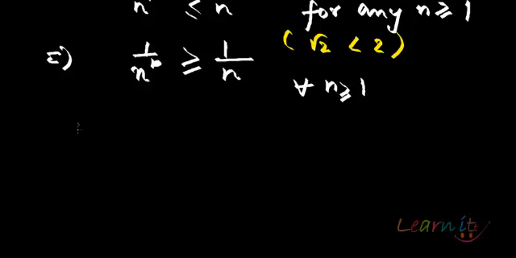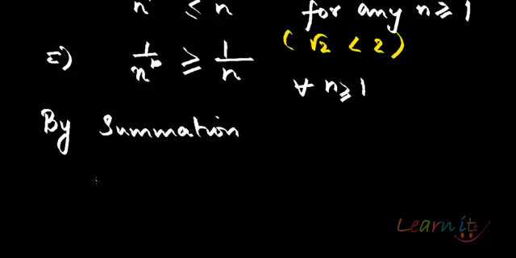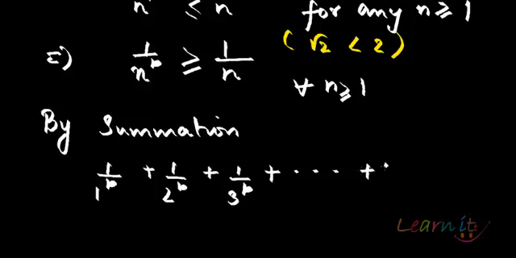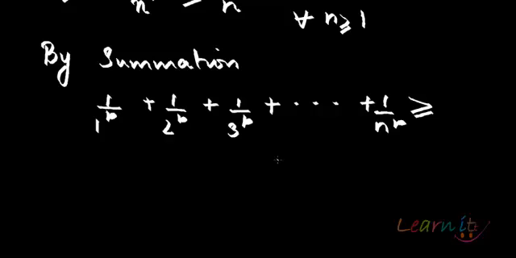So in case I sum it up, what will we have? We will have that 1 upon 1^p plus 1 upon 2^p plus 1 upon 3^p plus so on and so forth, 1 upon n^p, will be greater than or equal to the summation of 1 by n, which is 1 by 1 plus 1 by 2 plus 1 by 3 plus so on and so forth plus 1 by n.